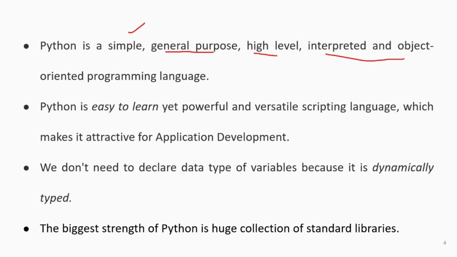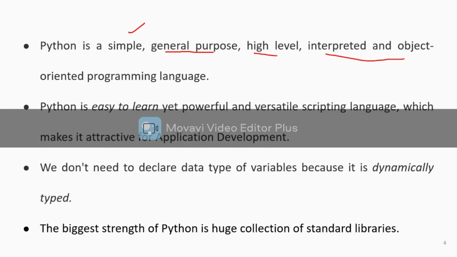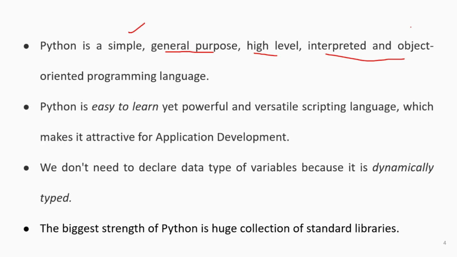But in interpreted programming language, we can execute instructions line by line, and we can see the output after each line. So that is the advantage of interpreted language. But in compiled language, we can see the output only after executing the entire code.